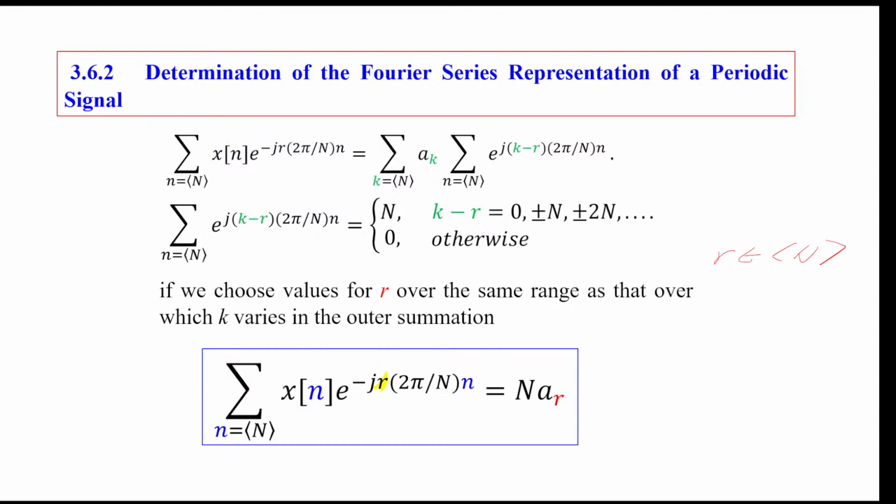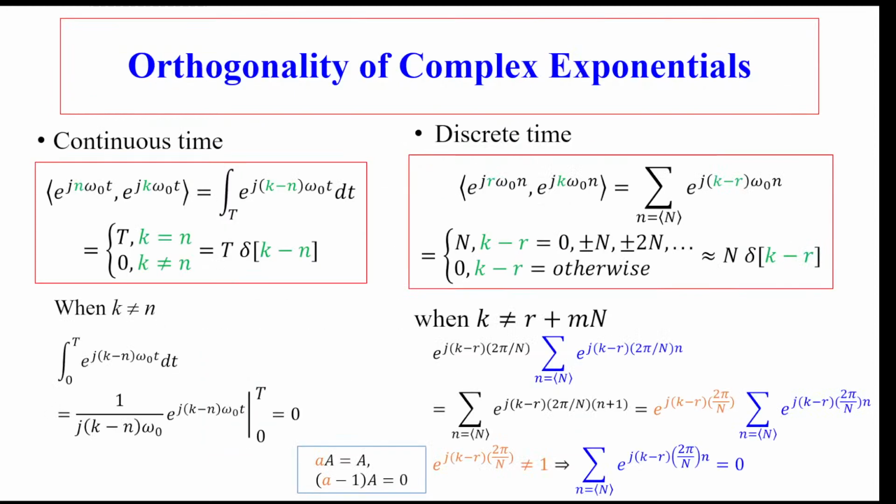Okay, but before that, let's do some comparison to the continuous-time case. Hopefully this doesn't confuse you more. In the continuous-time case, we have this kind of orthogonal relationship. We define the inner product between two complex exponential functions e to the jn omega t and e to the jk omega t as this integration over one period of e to the j k minus n omega t dt.